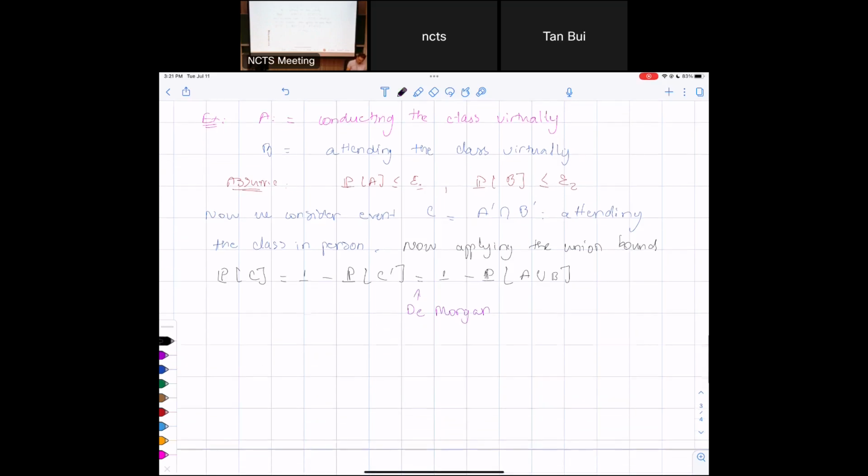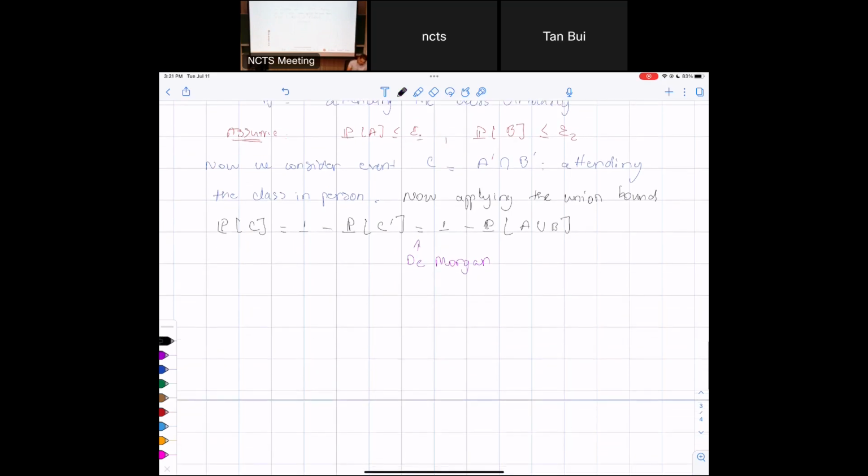Now, by using the union bound, we have this. Then this is greater than or equal to, by the union bound, 1 minus P of A minus P of B. And therefore, it is equal to 1 minus epsilon 1 minus epsilon 2.